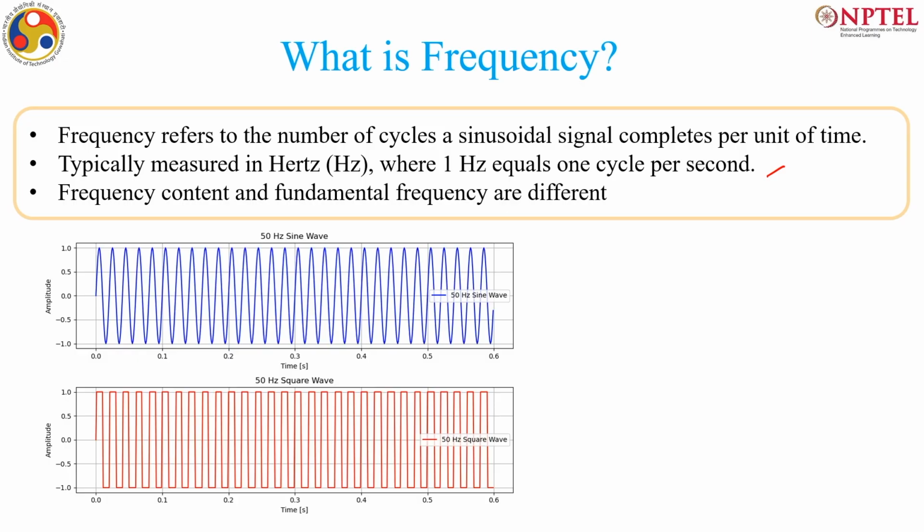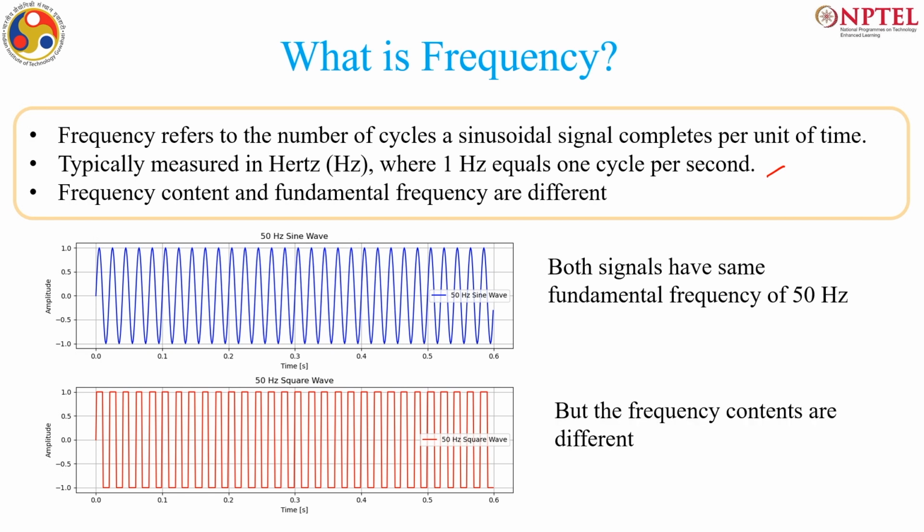If we see these two signals, you can see that in 1 second there are 50 complete cycles, but the difference is that one is a sine wave and the other is a square wave. Both have the same fundamental frequency, which is 50 hertz and which is obtained by 1 by time period, but the frequency content of these signals are different.